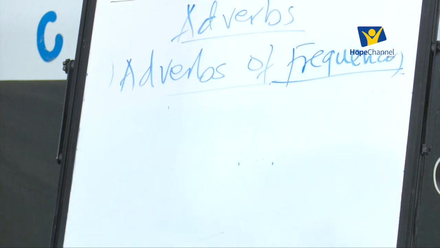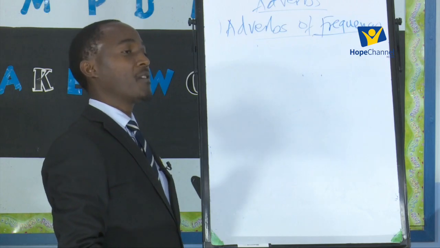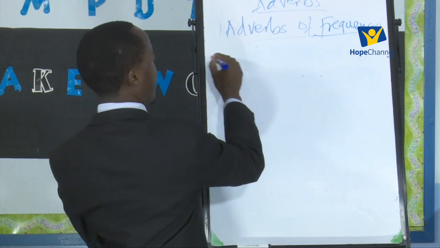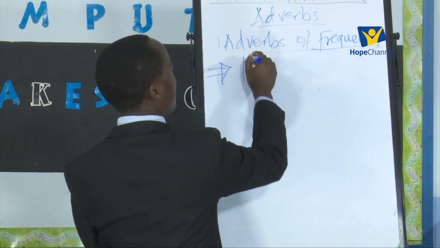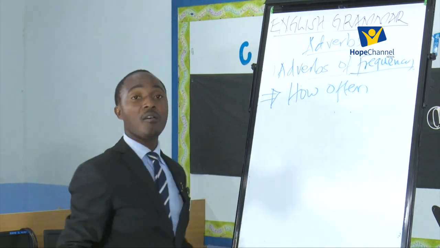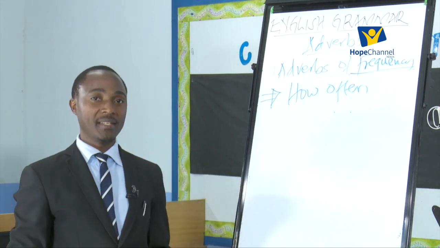So we're looking at adverbs of frequency. What's the difference between adverbs of frequency and adverbs of degree? Frequency answers the simple question, how often does an action take place?